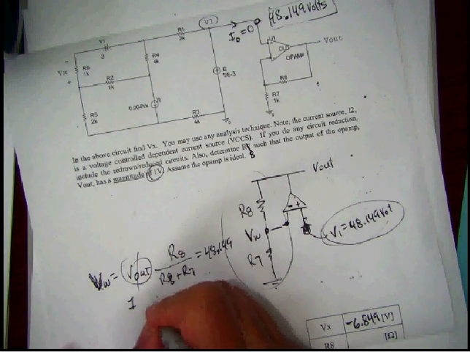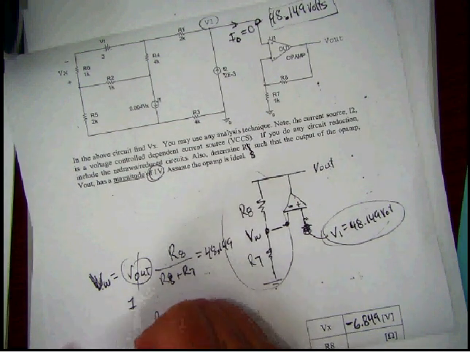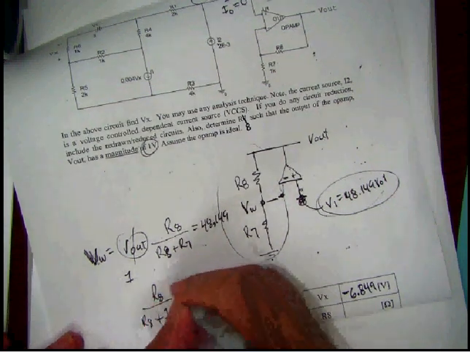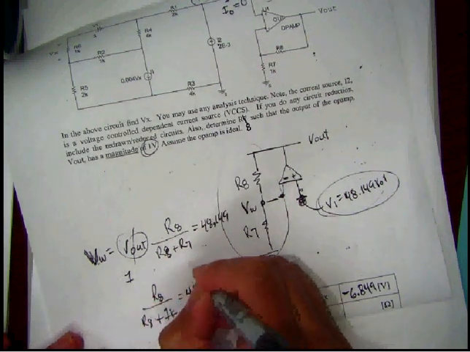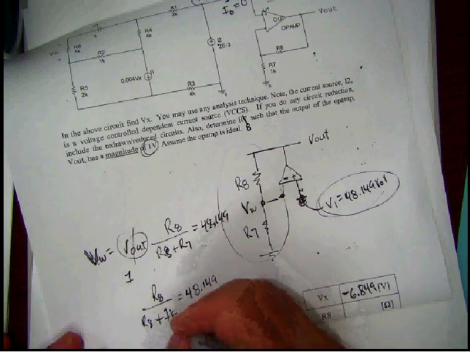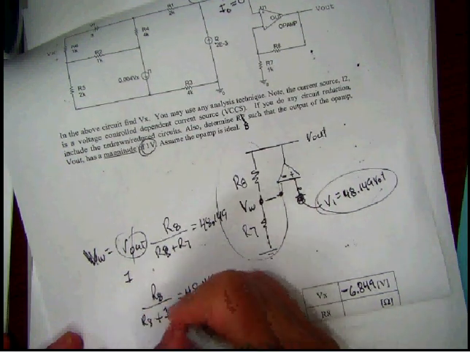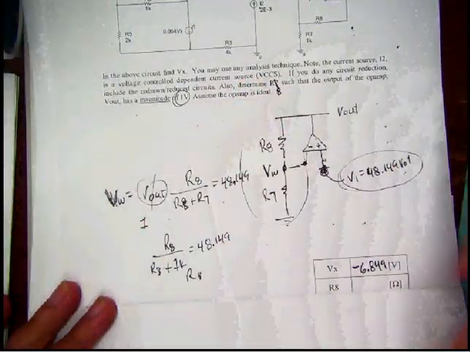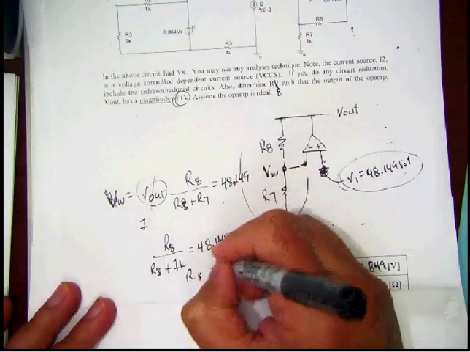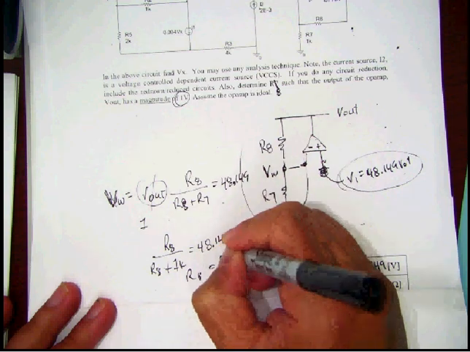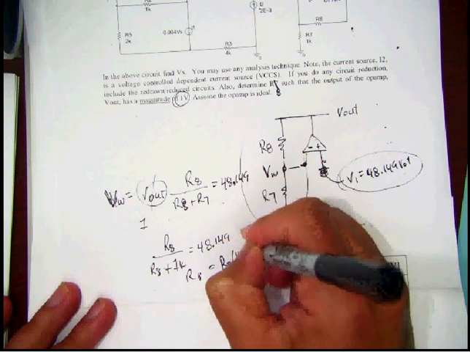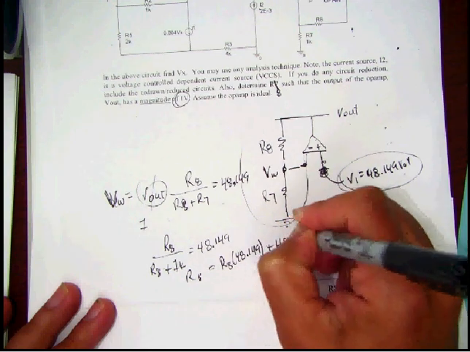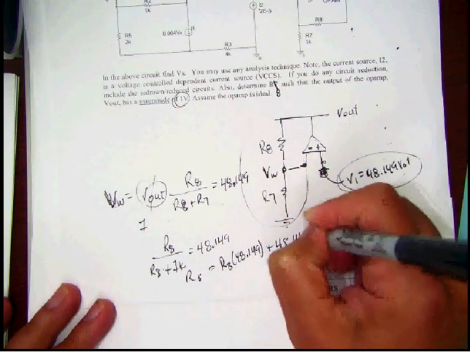So our equation becomes R8 over R8, work out the equation. R8 equals R8 times 48.149 plus 48.149 times 1K.